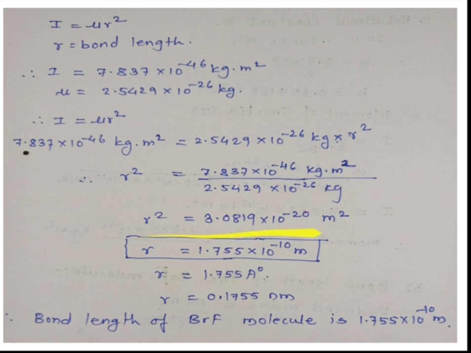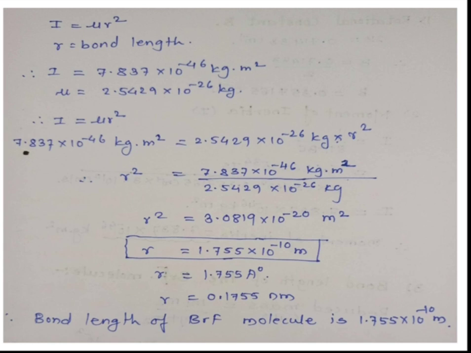So the remaining equation is r square is equal to 3.0819 into 10 raised to minus 20 meter square. Here square is there, so we have to take the square root of this value. Then we can get the value of the bond length. By taking the square root, we will get the r value and it will be 1.755 into 10 raised to minus 10 meters.